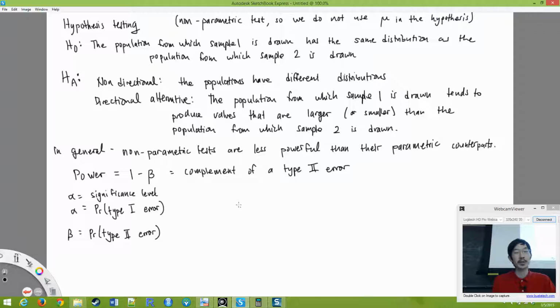Let's just write this. Our decision was we did not reject the null, but we should have, right? Because the null is false. So type 2 error is we did not reject the null when the null is false.